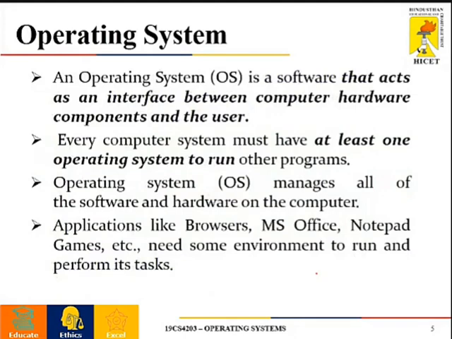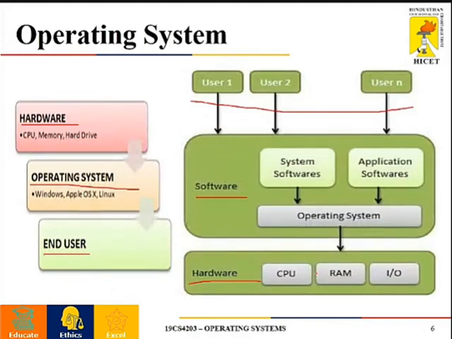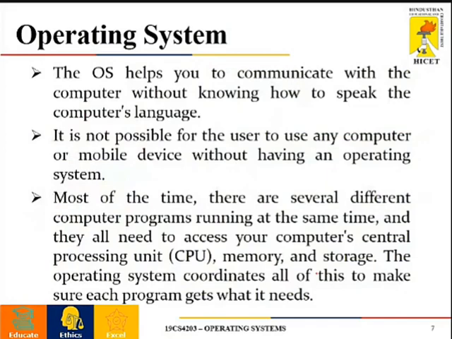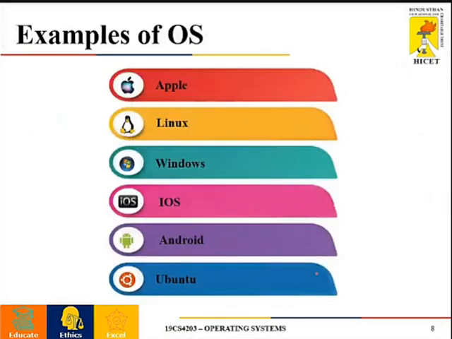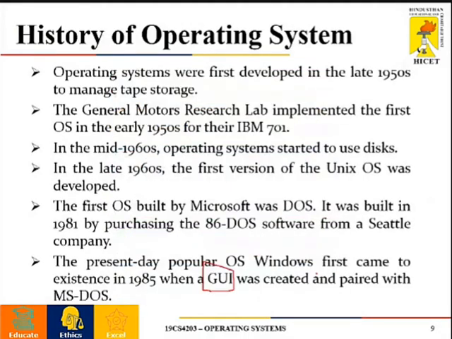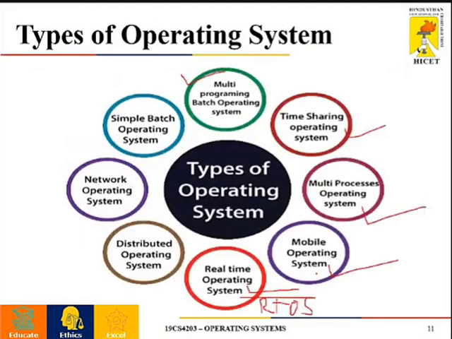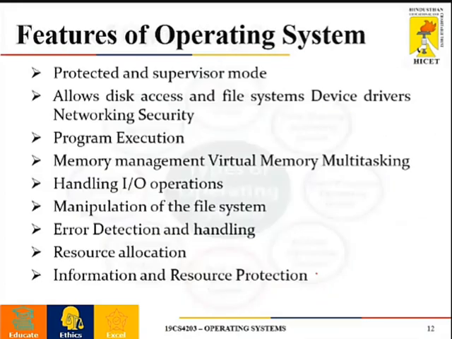Then the various definitions of the operating system with examples, the diagrammatical representation and the architecture diagram of the operating system, the layer architecture approach, an explanation of the various functionalities of the operating system, the examples of the OS which are really available in the market, the history or evolution of the operating system, the various types of operating system, a diagrammatical representation for the various types, and also the features, tasks or functions of the operating system. All of these things we covered in the basic introduction class to the operating system.